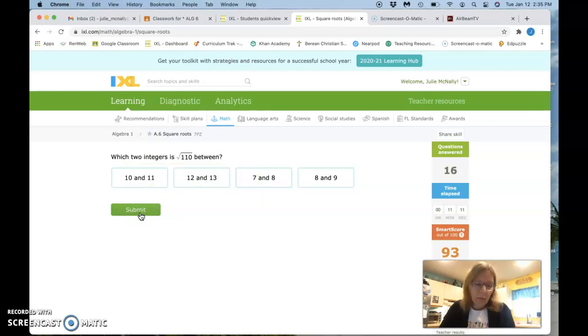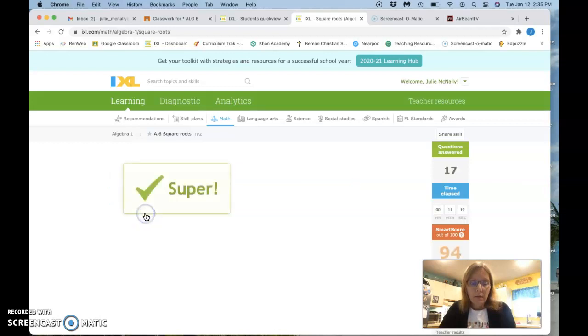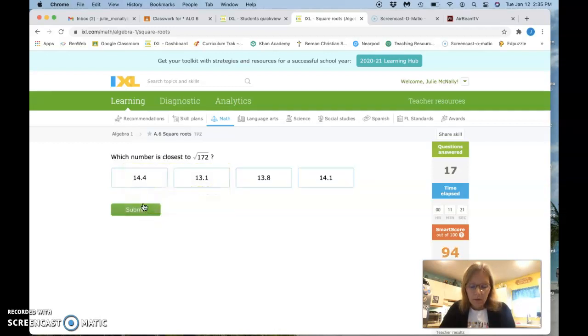Then 110, 10.4 or 10.5 would be between 10 and 11. All right, I'll do one more. 13.1 is what I got. So I'm literally just taking the square root and then seeing either what it equals, what it's closest to, or what numbers it falls between.